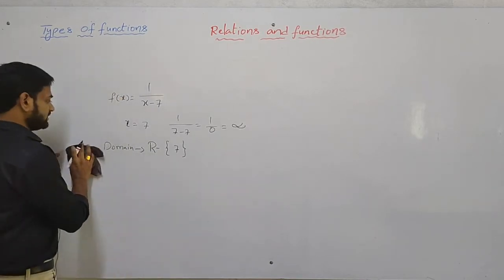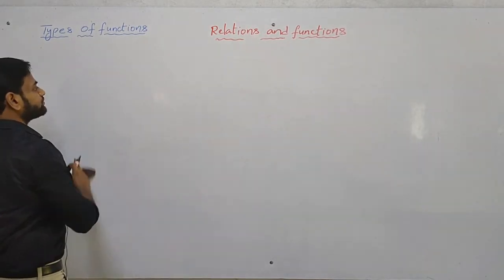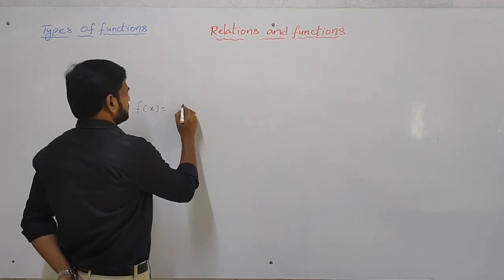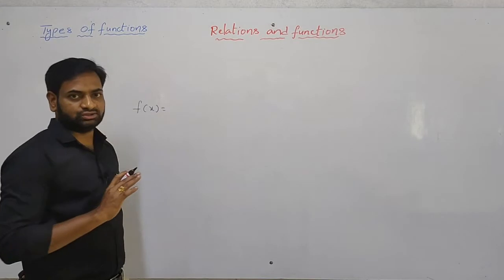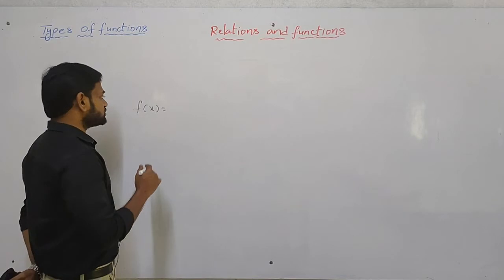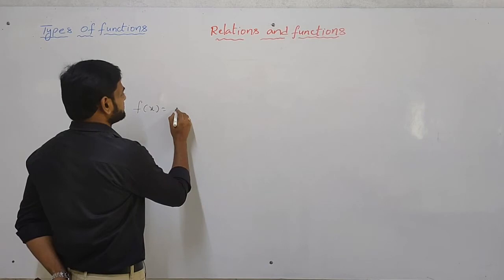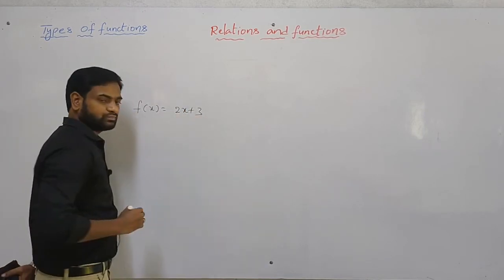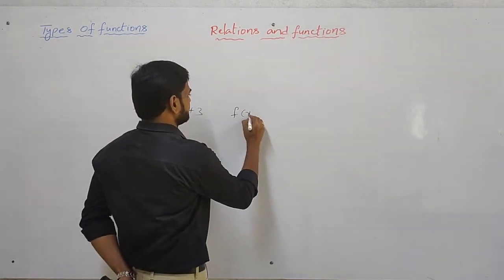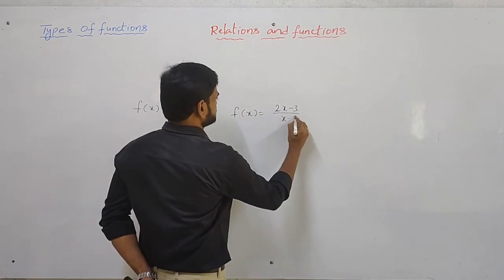And one more. Suppose in a function, all of you know numerator and denominator. Suppose I am taking the function f of x equal to 2x plus 3. Another function is f of x equal to 2x minus 3 by x minus 2.